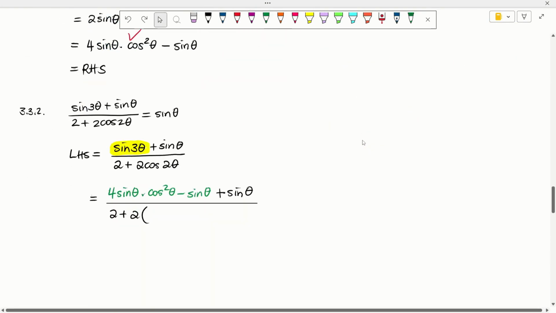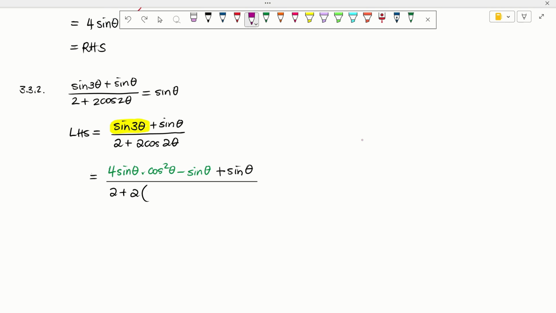So I'm going to use now 2 cos squared theta minus 1, and then I proceed. Going forward, you see that negative sine theta and positive sine theta are going to cancel. So I'm basically left with on top 4 sine theta multiplied by cos squared theta.